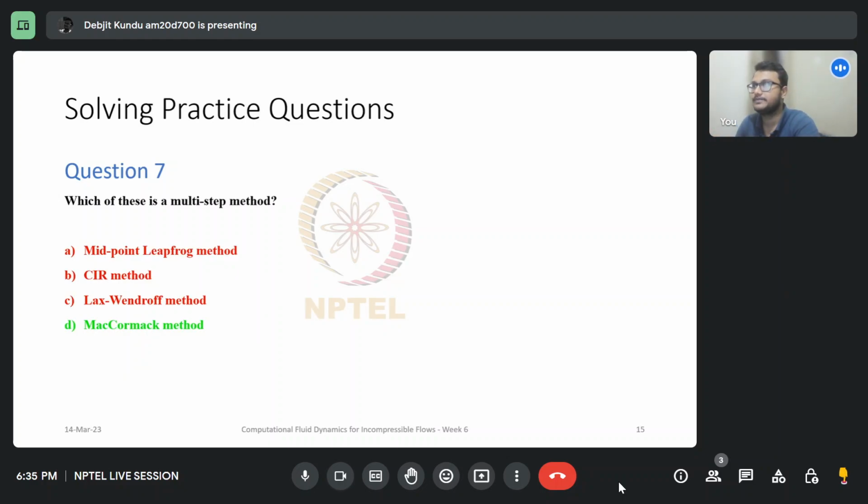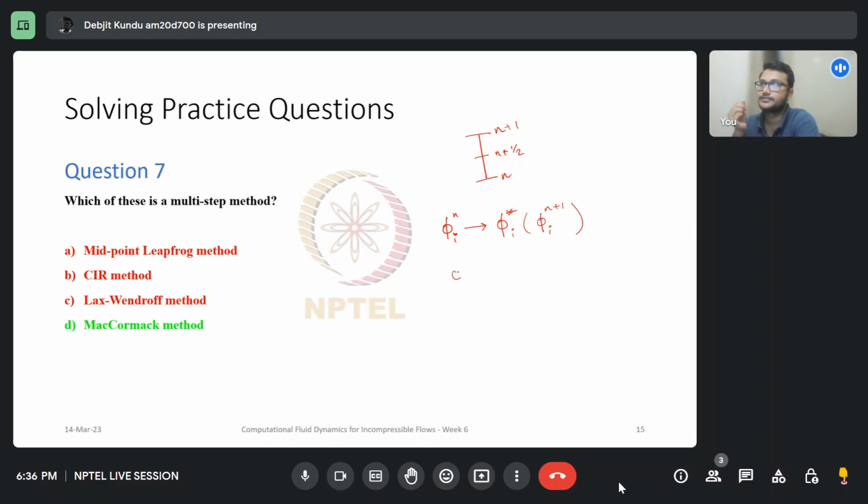So what we do in MacCormack method is we take two steps. Going from n to n plus 1, we go through one n plus half step. Let's say we have some value at I comma n, we go to some provisional value first, which is a representation of the value at n plus 1, but not exactly that.